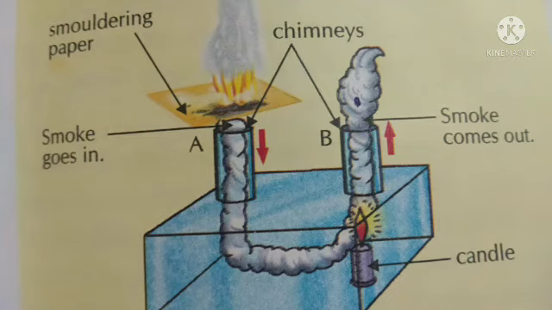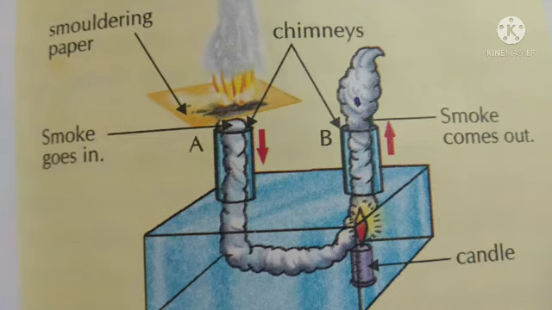So by placing the glass tubes, we create the chimneys, and we put a small lighted candle below one of these chimneys.